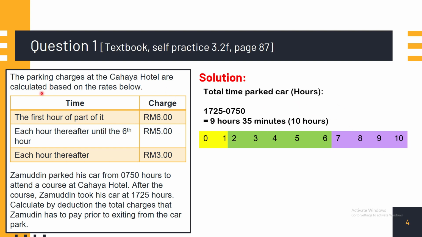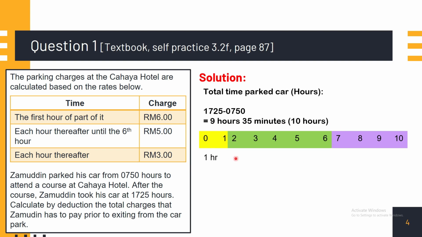Now if we look at the table, the first hour only, 1 hour, will be charged 6 ringgit, and that's why this part is colored yellow.